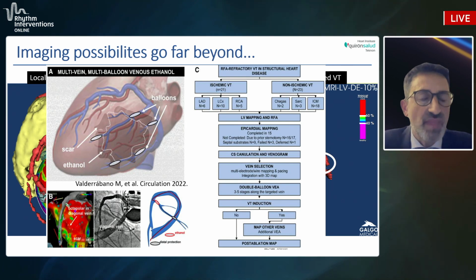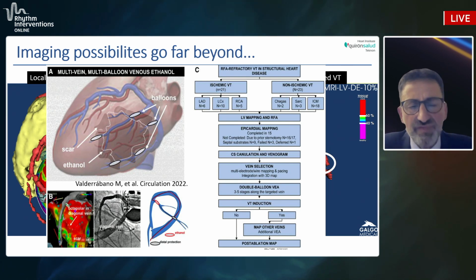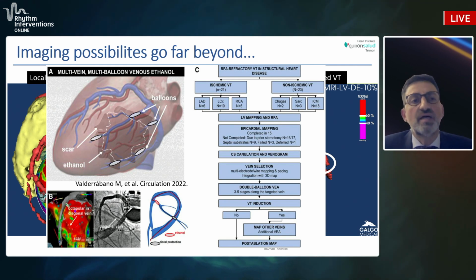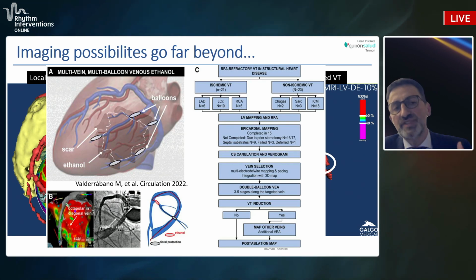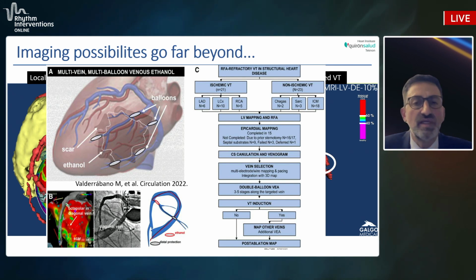In some cases, I show this image of a recently published paper by the group of Miguel Valderrábano on multi-vein, multi-balloon venous ethanol in cases refractory to left ventricular endocardial ablation, in whom it was impossible to go epicardially because of previous cardiac surgery, and the ablation was successful by doing this multi-vein, multi-balloon ablation.